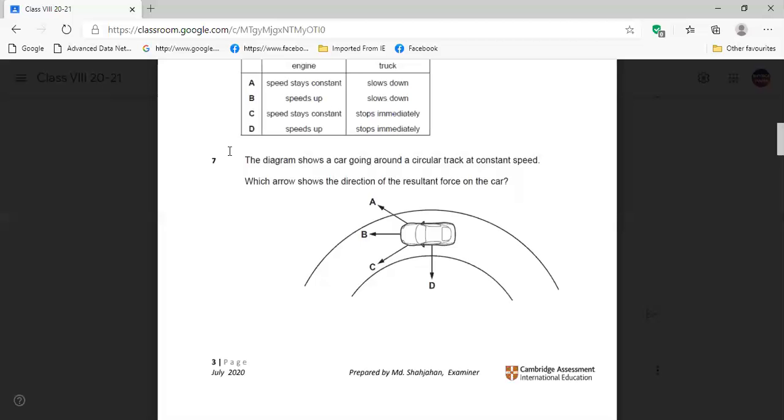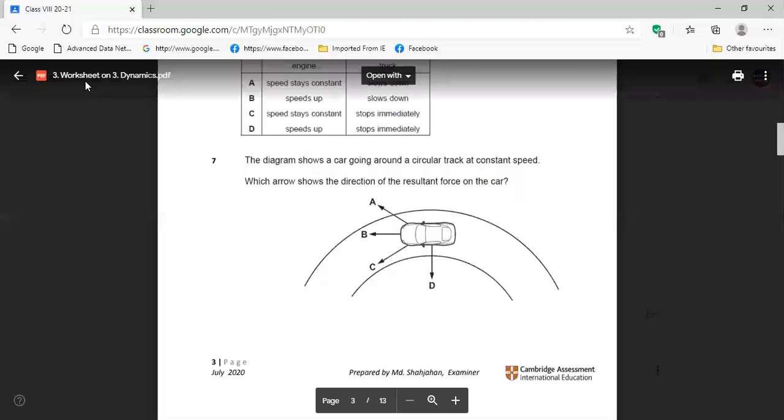Resultant force. So it's the velocity, right? Look here, it's written here, circular track. So it's dealing with circular motion, right? If it is circular motion, the resultant force should be towards the center of the circle, on the acceleration, right?